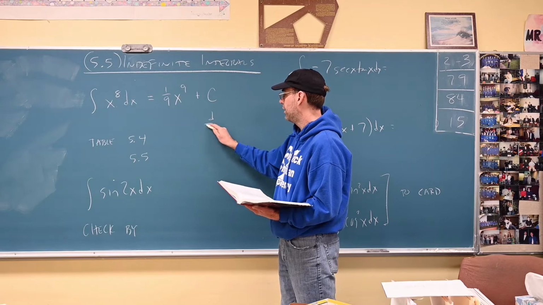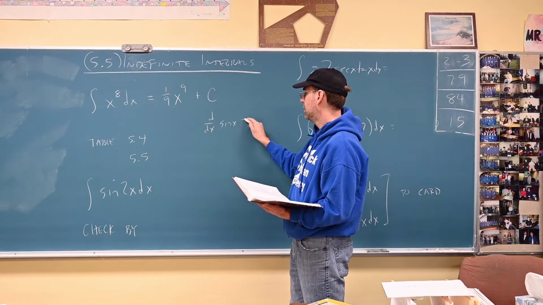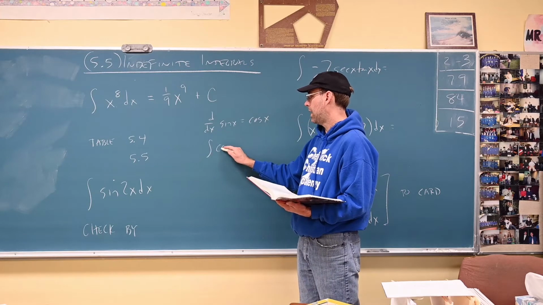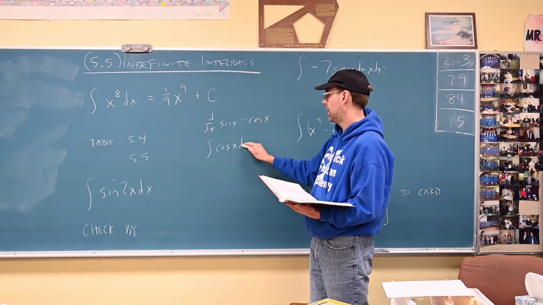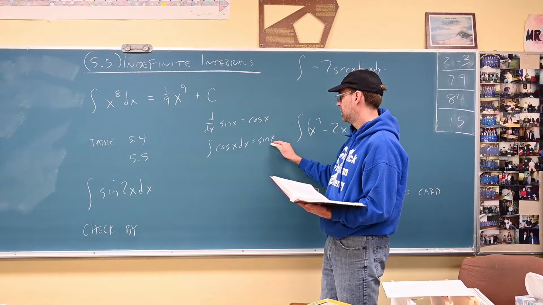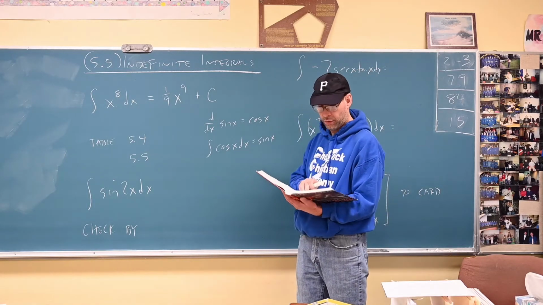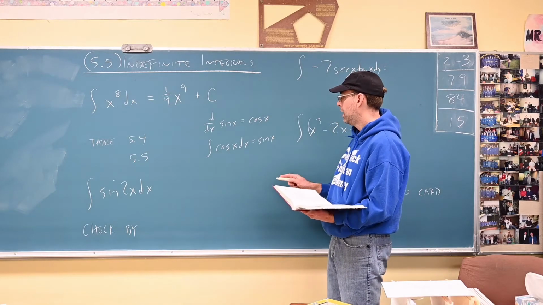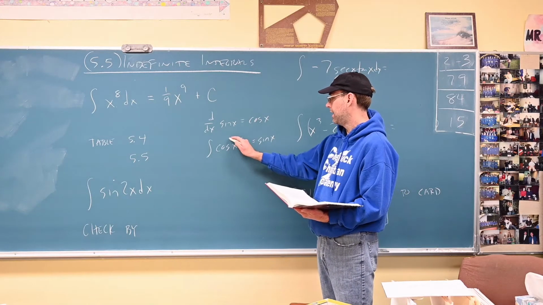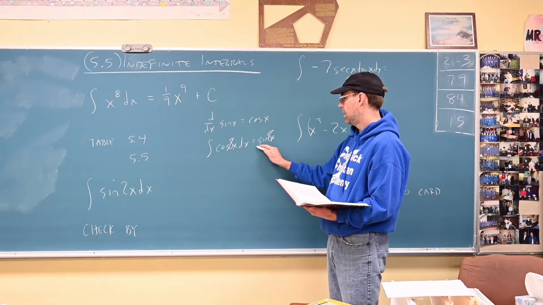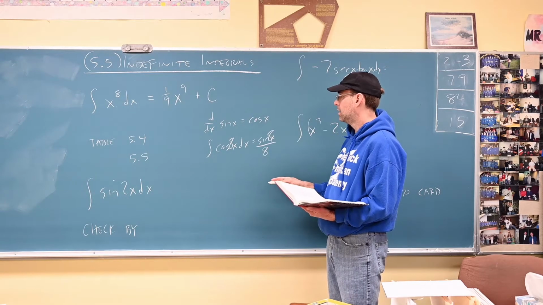You could put on there that the derivative of sine is cosine. And now we could say likewise that the antiderivative of cosine is sine. And that's in here. That's like rule number 3 in this table 5.4. And they even go you one better and say if we slip in an 8, we need to leave the 8 and therefore divide by 8.